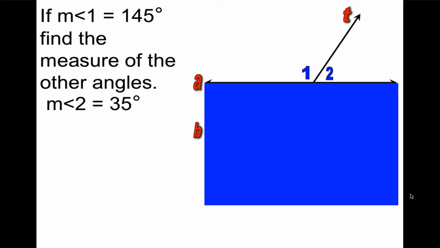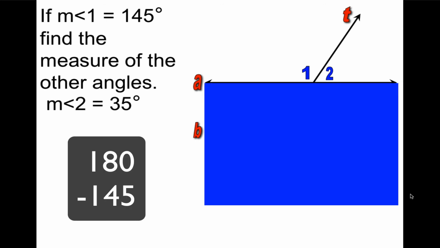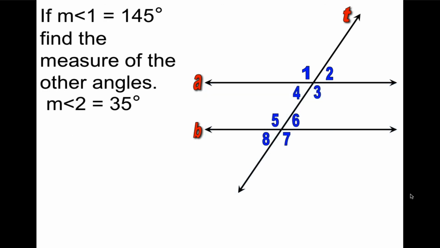We're going to find that the measure of angle 2 is 35 degrees because 1 and 2 are a supplementary pair. They create a straight line, so you can subtract. And once we know 1 and 2, the rest is child's play. We're going to have 3 is a vertical angle to angle 1. Angle 4 is a vertical angle to angle 2.